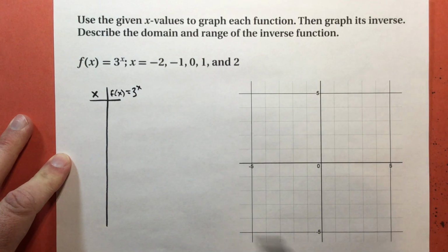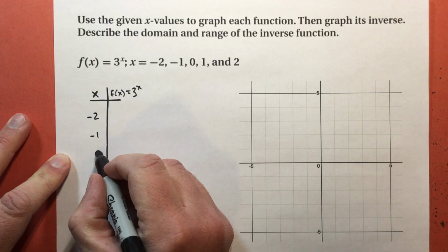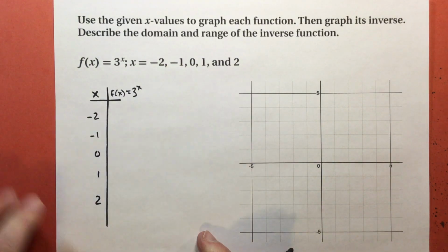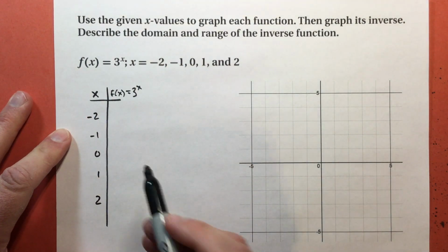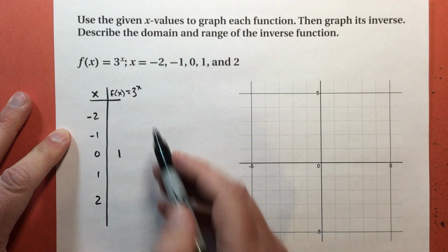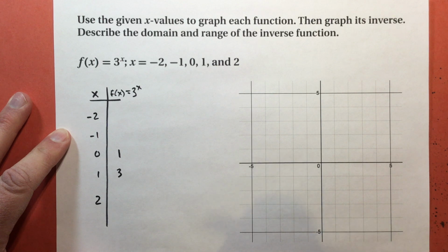So basically my powers of 3. -2, -1, 0, 1, 2. I almost started with -3, but then I forgot that they want me to do these. 3 to the 0 power equals 1. 3 to the first power equals 3. And 3 to the second power, also known as 3 squared, equals 9. You should know that by now.